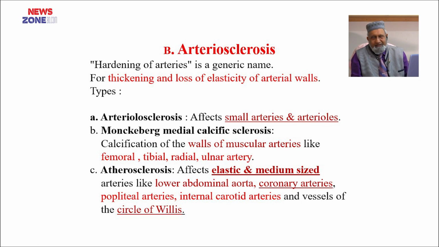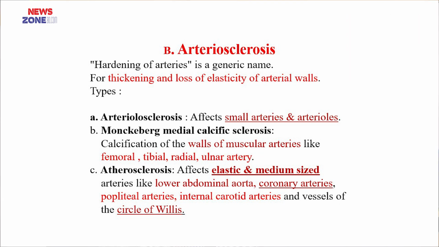It is very important to know atherosclerosis. Atherosclerosis affects the large and medium sized arteries, arteriolosclerosis occurs in the small arteries and arterioles, and in between the two is medial calcific sclerosis, which is calcification of the muscular arteries like the femoral, tibial, radial, or ulnar arteries.